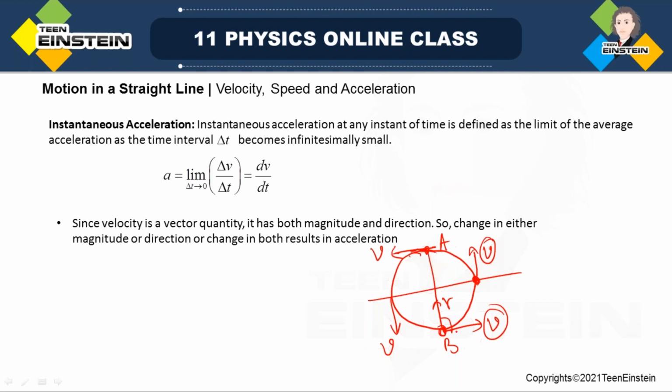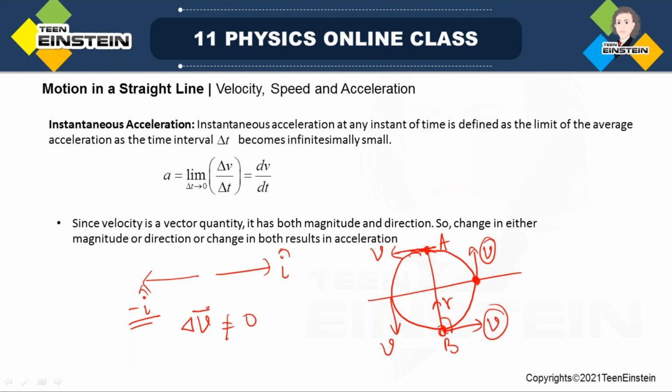So look, at A I take this as the x cap or i cap direction, and the left hand side as the minus i cap direction. Suppose my initial point is at A and the final point is B. So what is the change in the velocity? The change in the velocity is not 0.